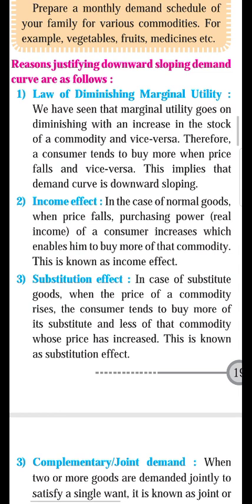So this is also responsible for the demand curve being downward sloping. A consumer tends to buy more when the price falls, and tends to buy less when the price is high. And this implies that the demand curve is downward sloping.